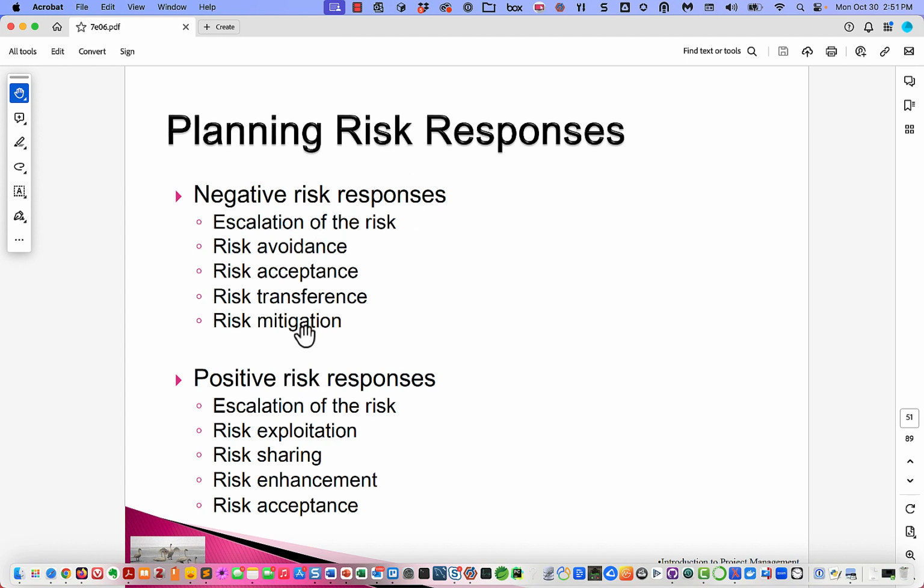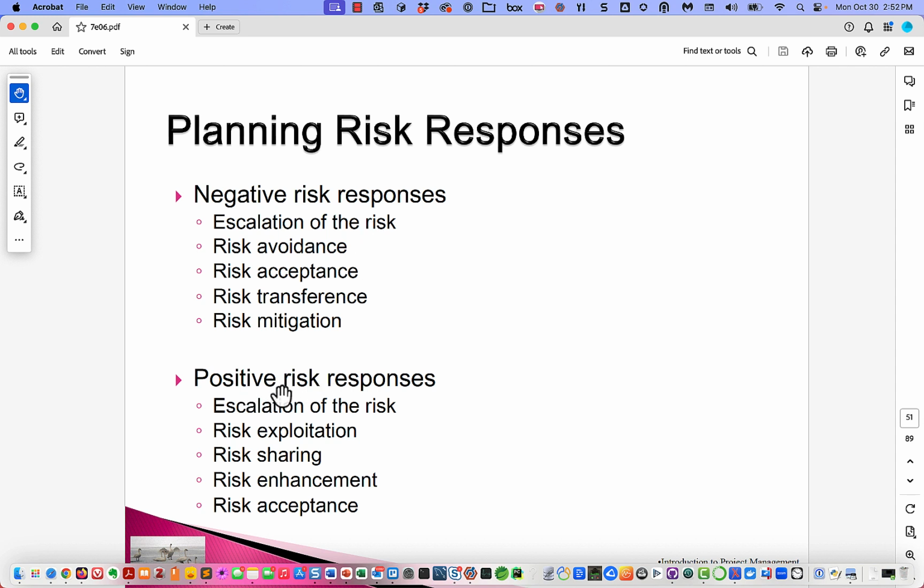For the negatives: escalation of the risk, risk avoidance, risk acceptance, risk transference, risk mitigation. Now, escalation of the risk is maybe a bad idea for negative risks because we definitely want to be tamping the risk down.